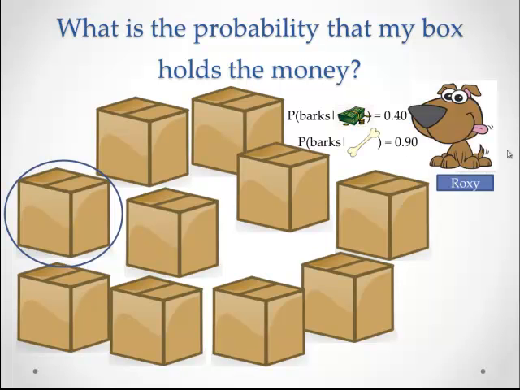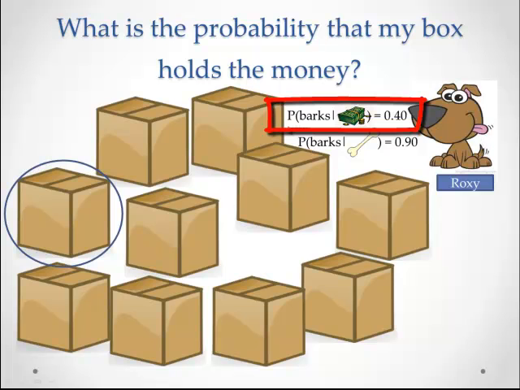Now, I invite Roxy to help me. Roxy also likes to hunt, but he likes the bones better. Anyway, Roxy sometimes barks when there is not in fact a bone in the box, but there is some money. So how do we represent that information?